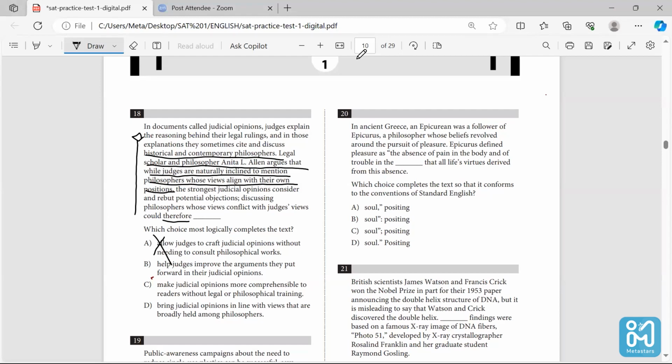Why do the judges, Sarah, need to have this one here? Why would they need to have it? As what? Help. Stay with me, Sarah. So what's that help? Judges improve. Is this true? Yes, it is true. Okay, but you said without needing, when in the first place they have done it. They have already done what?